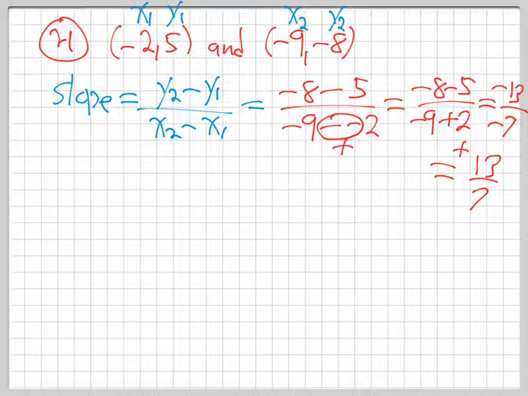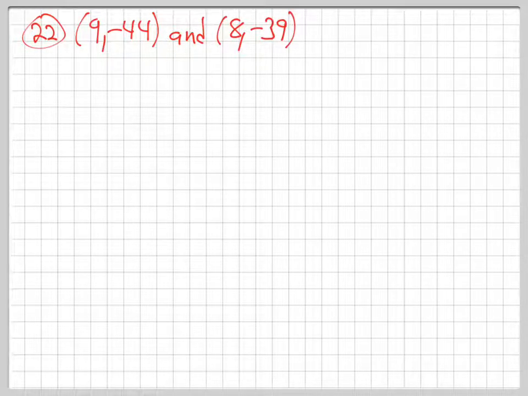There we go. Now number 22 has all that and more. 22 has 9, minus 44, and 8, minus 39, and they want us to find not just the slope, but the equation. So that's a little more work.